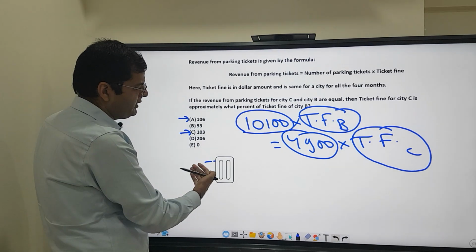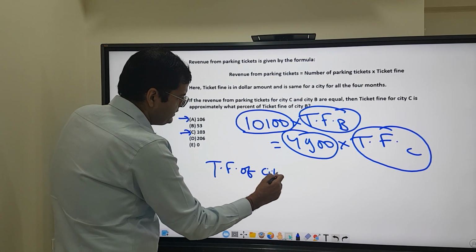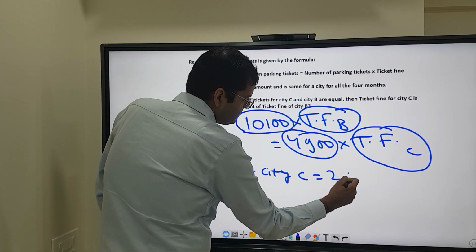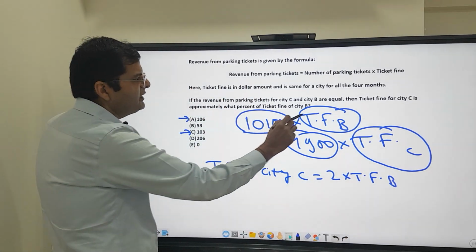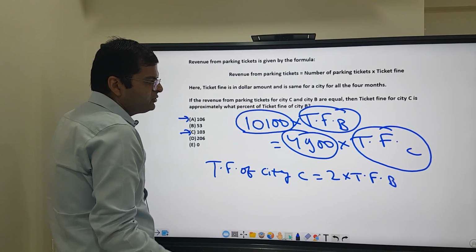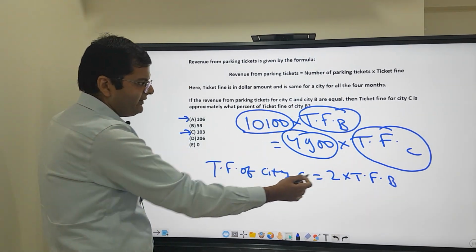So ticket fine of city C should be almost equal to 2 times the ticket fine of city B. Now the question says ticket fine of city C is approximately what percent of that? So if it is 2 times of that, it is almost 200% of that.